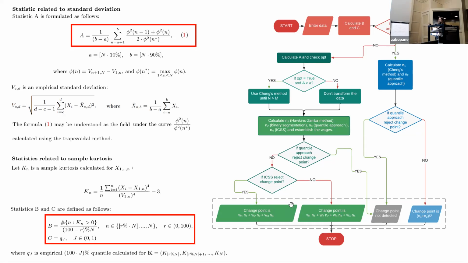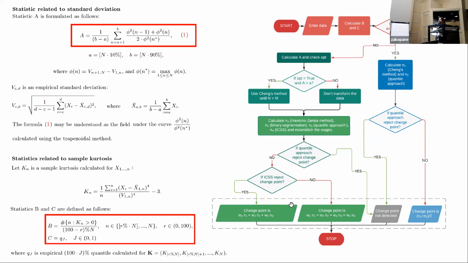If we have a situation where the data do not come from a platykurtic distribution, so the data don't behave like this, then we calculate statistic A, and we can optimize the algorithm using the fastest method. After that, we calculate the change points using four methods: the Hawkins-Zamba method, binary segmentation, and two other approaches also used in this part.